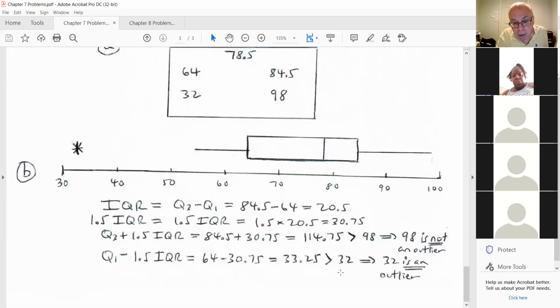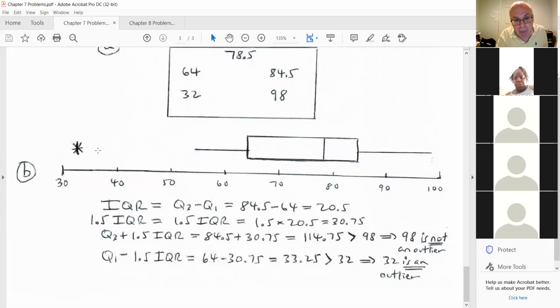Well, 32 is smaller than 33.25. Therefore, 32 is an outlier, and we're going to actually put an asterisk there to indicate on the box plot that it's an outlier. Okay? And that's why the whisker only goes from the lower quartile down to 55, which is the next smallest number.